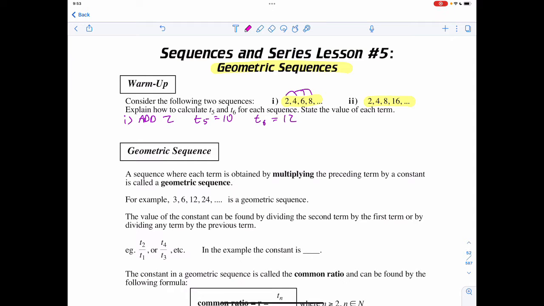For example 2, to get from 2 to 4, 4 to 8, 8 to 16, we're multiplying by 2. Which means that term 5, in this case, would be 32, and term 6, in this case, would be 64.